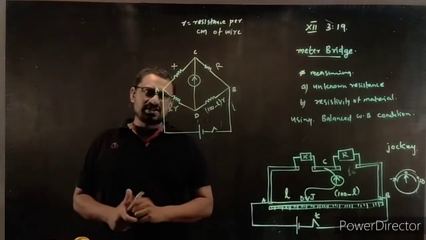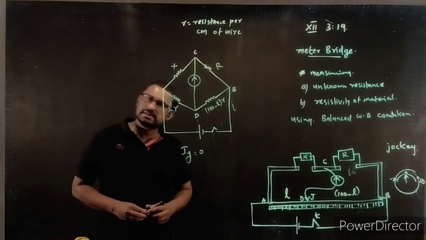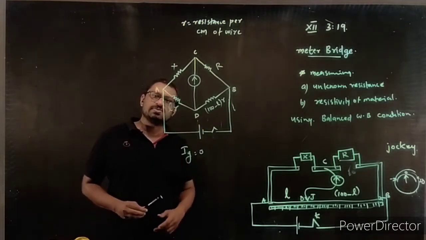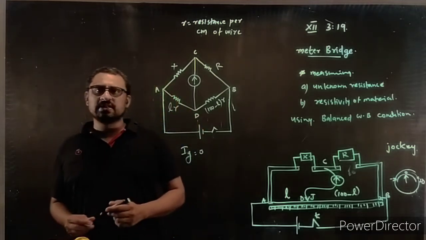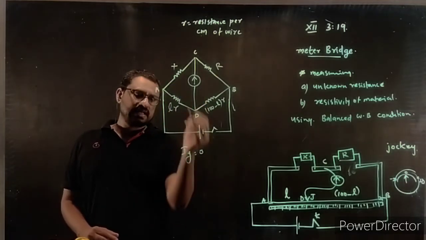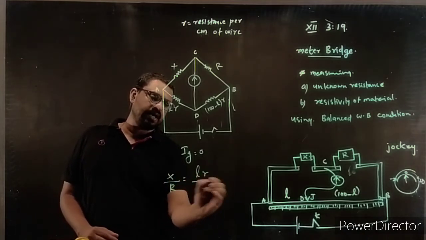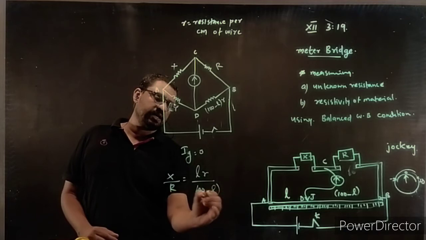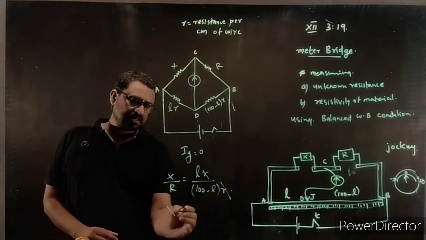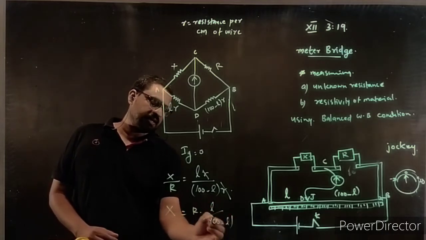Galvanometer showing zero deflection means Ig equals 0, there is no galvanometer current. It's a Wheatstone's bridge, and it is balanced. The condition for balancing is P by Q equal to R by S. Here it will be X by R equal to Lr by (100 minus L) r. The small r cancels, so X is equal to R into L divided by (100 minus L).